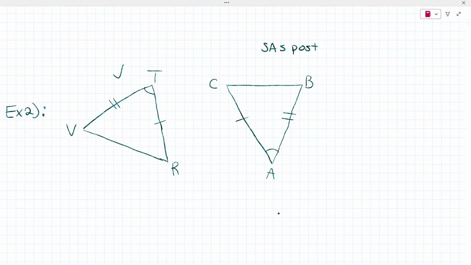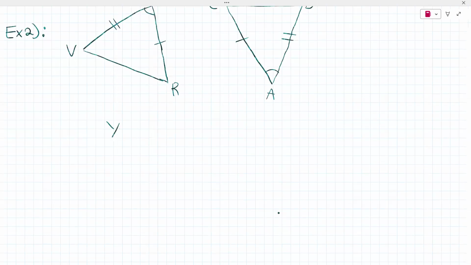What about this triangle? You have a side, an angle, and another side. Yes, because the angle is between the two sides, so check mark. So you could say yes, by SAS, and then you could say triangle TVR is congruent to triangle ABC.